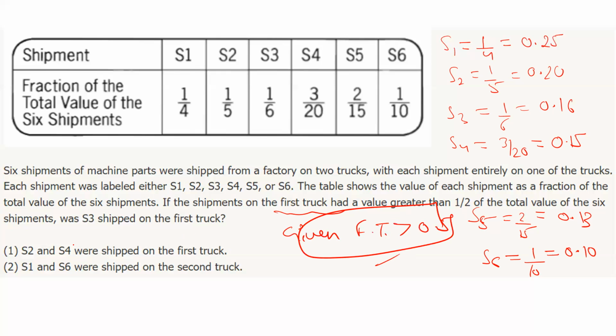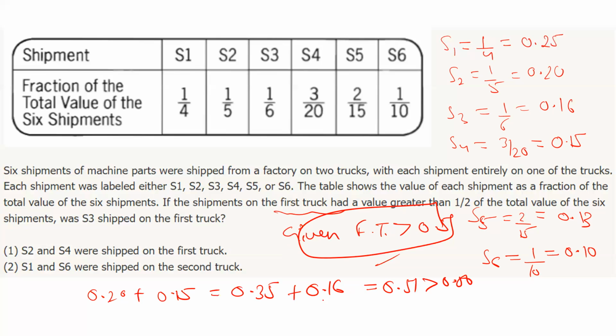In statement number 1, they are saying that S2 and S4 were shipped on the first truck. That means S2 is 0.20 plus S4 is 0.15. Together they make 0.35. If we include S3, then yes, our answer might be correct because it is more than 0.50.